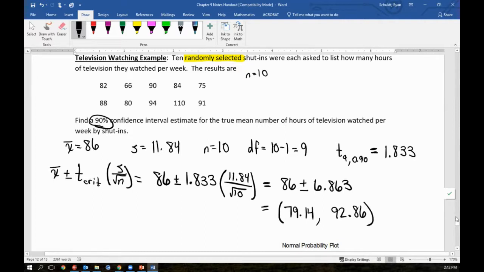So what'd you get? Don't figure out where we messed up if you didn't get it. Okay, questions on calculating confidence intervals.